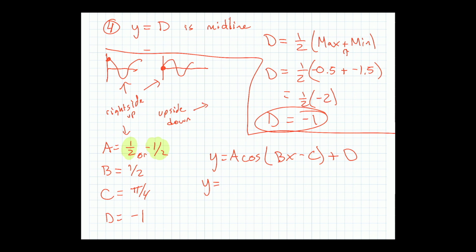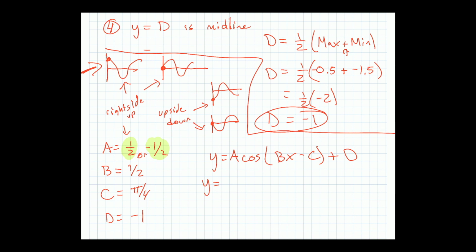Now what upside down looks like: for a cosine, it'll start at the bottom and then go up. If it's a sine, it'll start at the middle and then go down, right? So can you see the difference? Upside down starts at the bottom and goes up for a cosine. So you need to know if you're a cosine or a sine, and then you can do these.